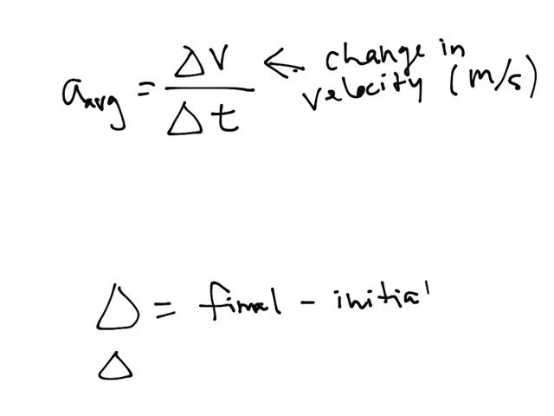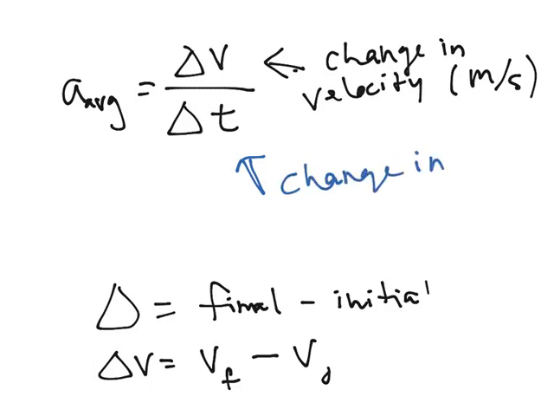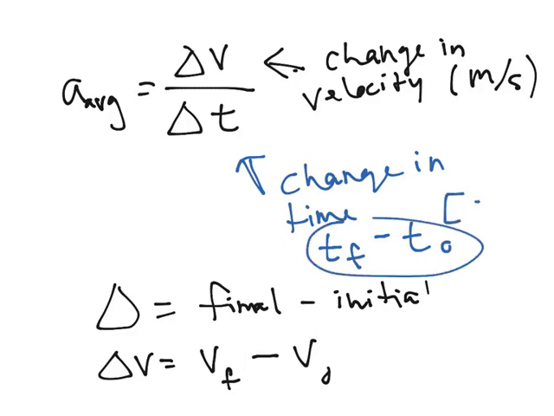So if I've said delta v, this means the final velocity minus the initial velocity. Make sure you understand that concept. And then delta t is change in time. So same thing, that's time final minus time initial. That will be in seconds.